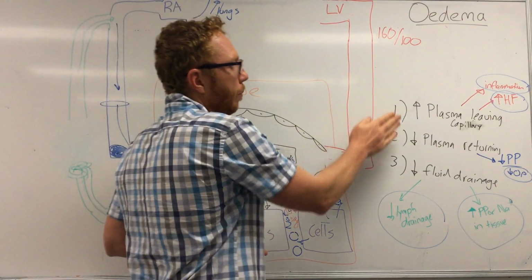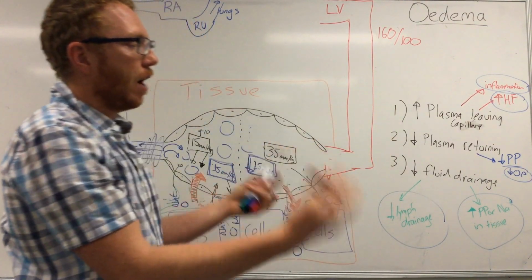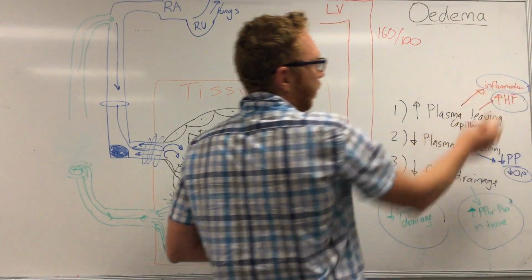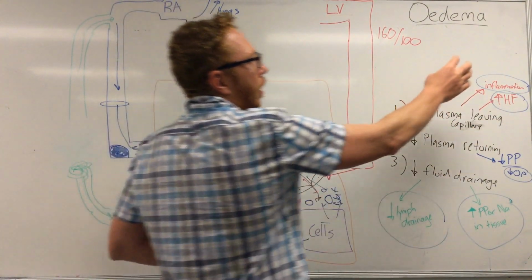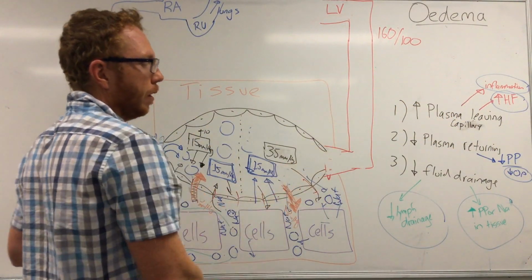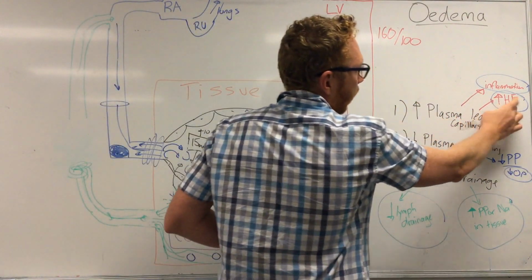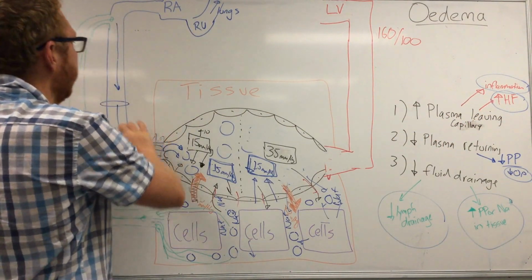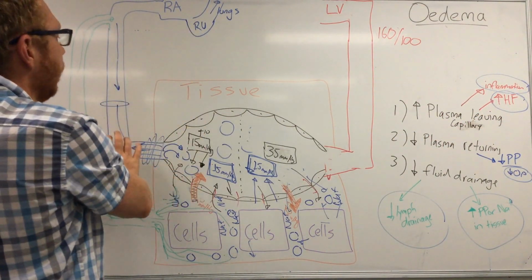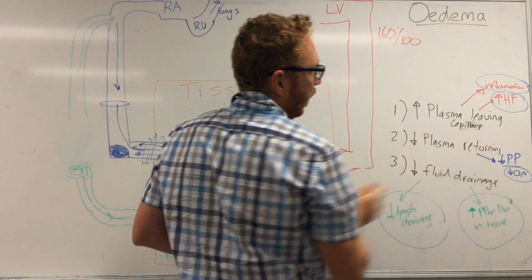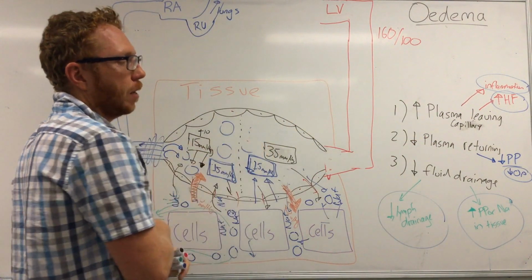So we know that there are three main mechanisms, but there are subcategories within that which make a total of five. These five could be an inflammatory case where there's vasodilation and increased permeability, or an increase in hydrostatic forces, which is generally coming from the venous end, such as heart failure or thrombosis or constriction. And number two, decreased plasma getting pulled back into the capillary.